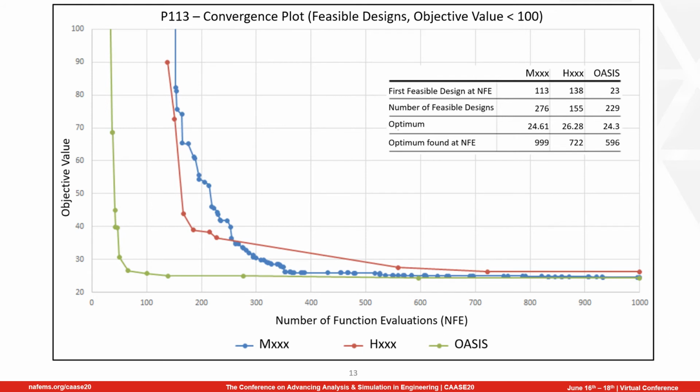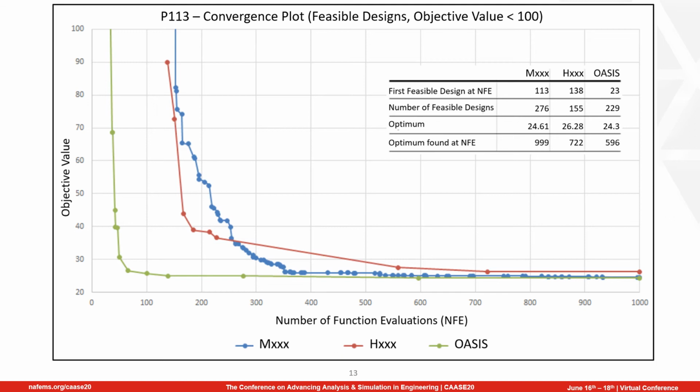And then the second metric is number of feasible designs. This is also an indication of how well the optimization software is exploring the feasible designs. So higher is better, we can say, because more feasible designs, different design configurations will appear. So Oasis has 229.